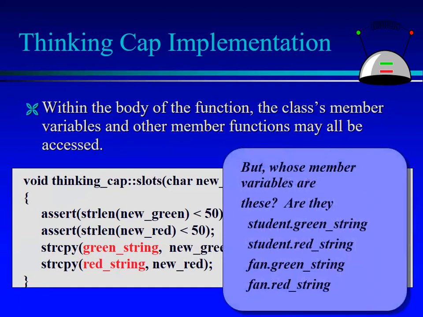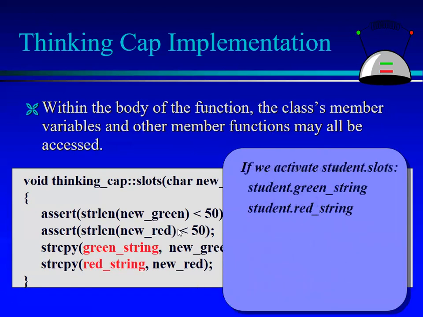But whose member variables are these? Are they student's? Yes, this is the question which is asked. Are they student dot green string, student dot red string, fan dot green string?